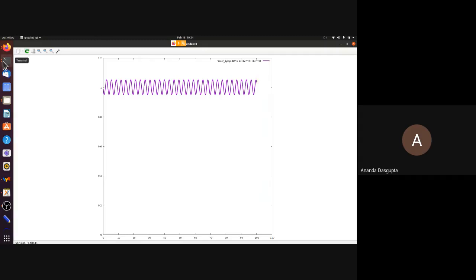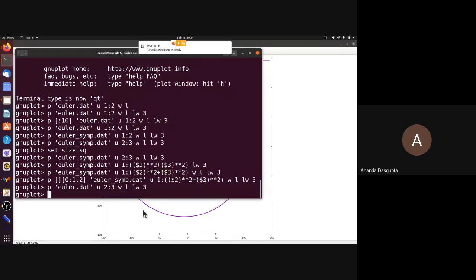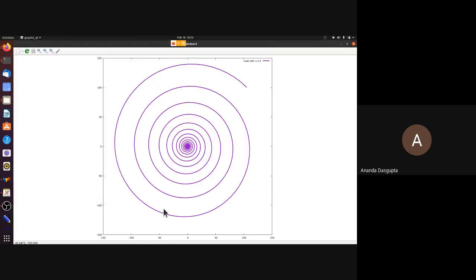Let's just contrast this with what you had in the first algorithm. So instead of the phase-based plot, instead of using the second program, if I just use plain Euler output, this is what the output looks like. And you should all appreciate what's happening: it starts out in a rather small circle, but the circle keeps on expanding.